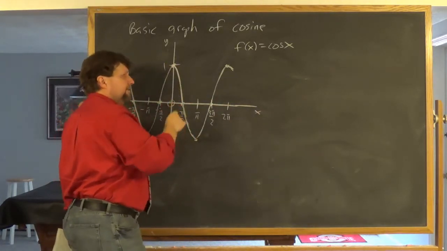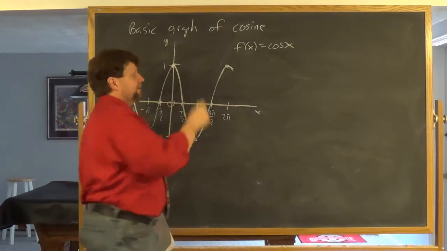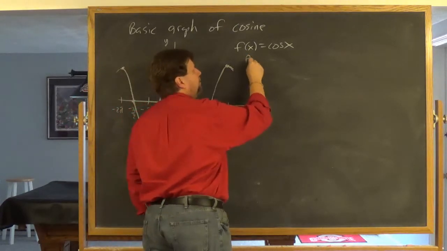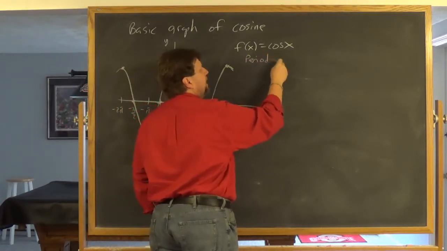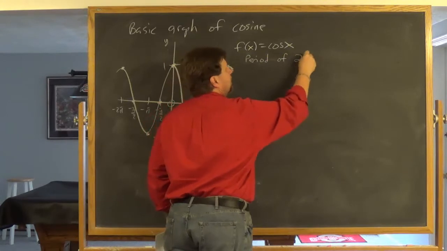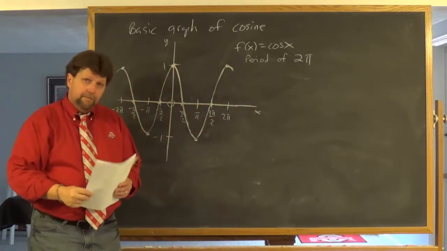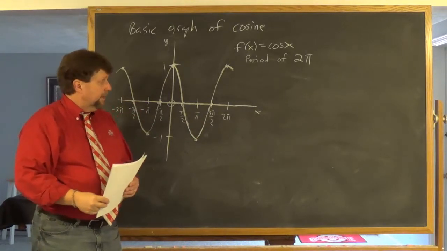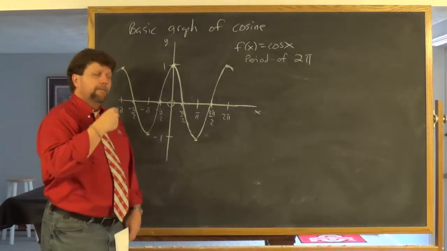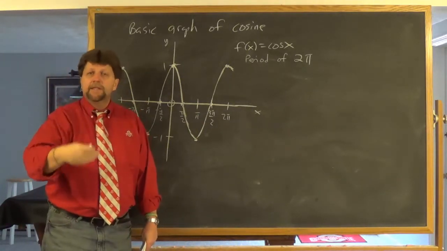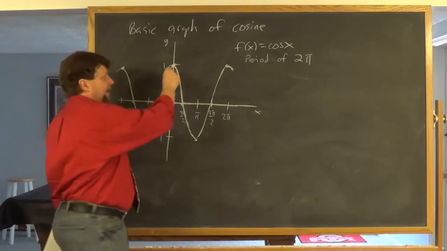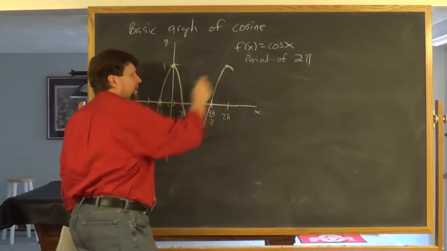For that reason, just like sine x, the basic graph of cosine too has a period of 2 pi. So I'd like you to know what I'd like you to think when you hear basic graph of cosine. I would like this to pop into your head.